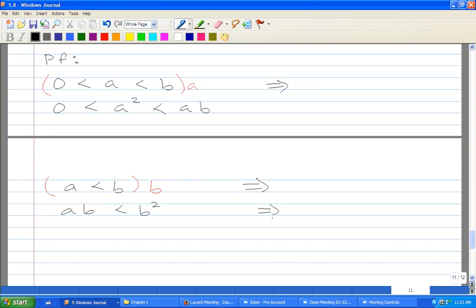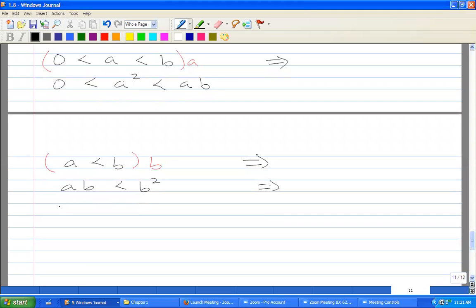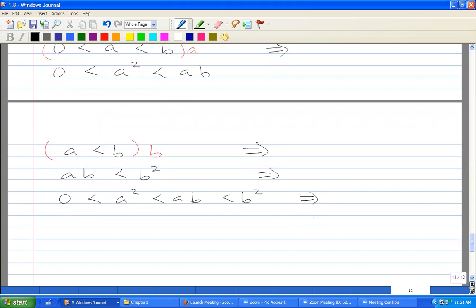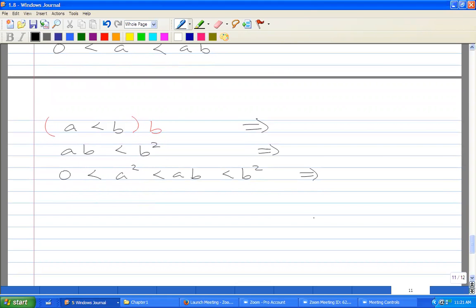So putting those together, I have 0 is less than A squared is less than AB, but AB is less than B squared. So therefore, I have that A squared is less than B squared. And that's what I wanted to show.